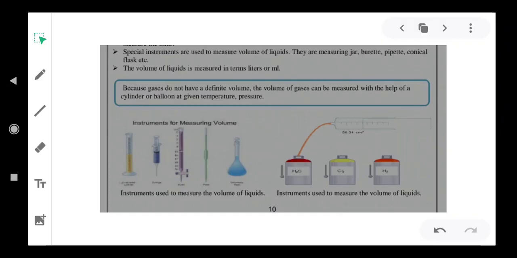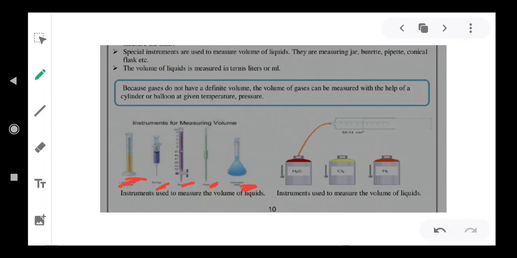See here, some special instruments are used to measure volume of liquids. This is a measuring jar, and there is a burette, pipette. This is a burette, this is a pipette, and conical flask also. This is a syringe, you know. So from these measuring instruments we measure the volume of fluids.